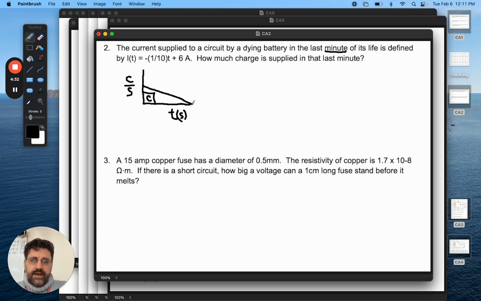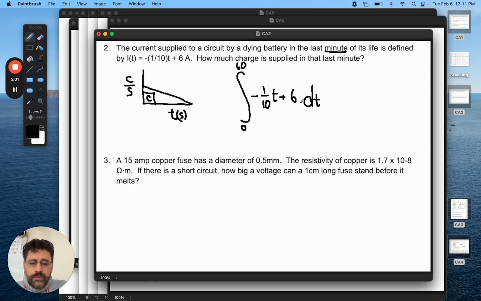So what this means is we have to add up all the area under the curve, which, in other words, means we're integrating it. So really, you're just integrating from time 0 seconds to time 60 seconds, -1/10 t plus 6, with respect to time, so it's dt.